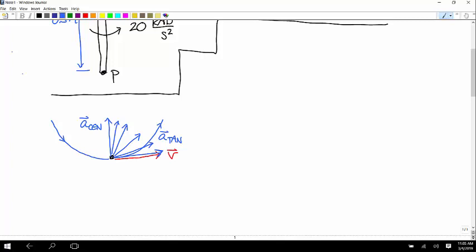When we calculate numerically the total acceleration of this particle, it has to be somewhere between those two directions. It's going to have a positive component in the x direction and a positive component in the y direction. That has to be the case, or we thought about something wrong. Okay.